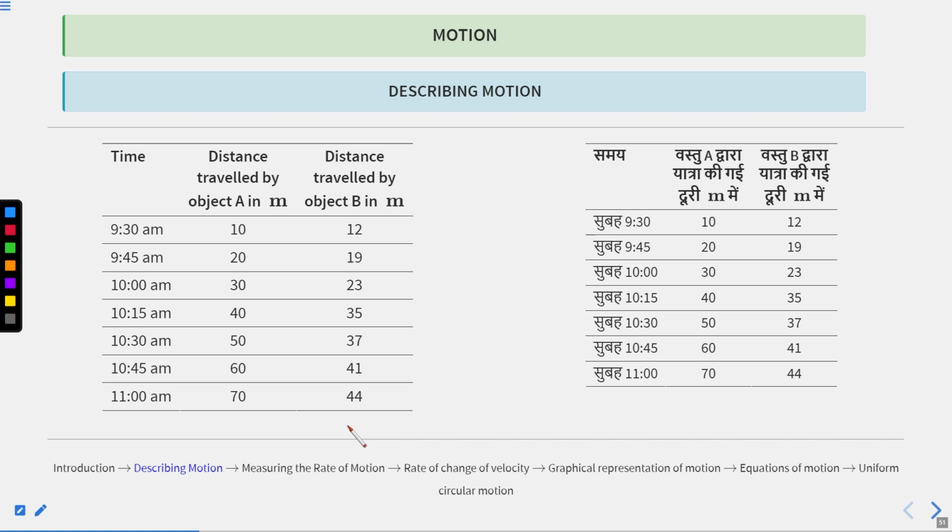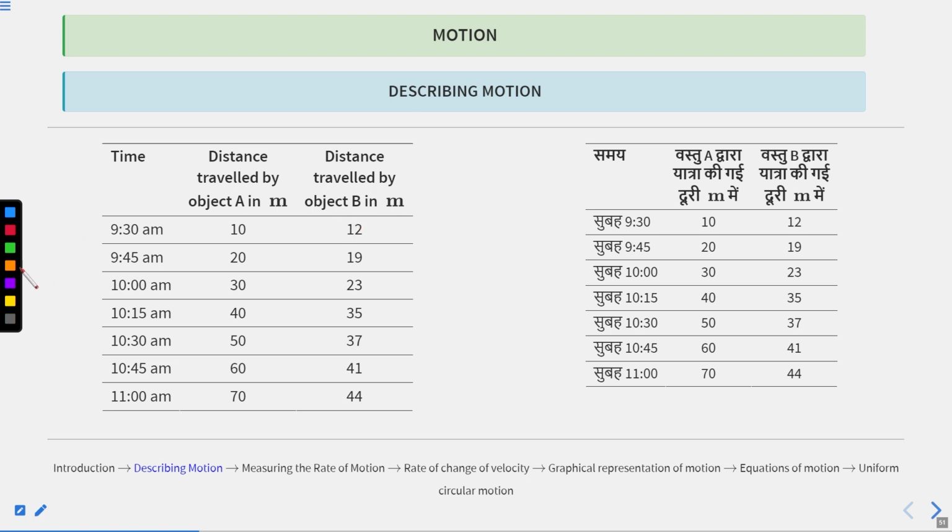Uniform motion is equal distance covered in equal intervals of time, and non-uniform motion is unequal distance covered in equal intervals of time.